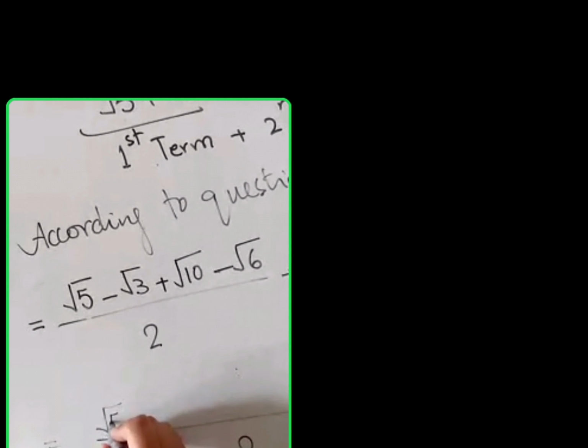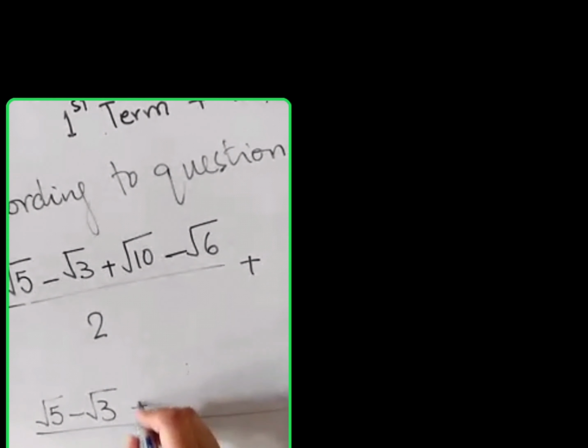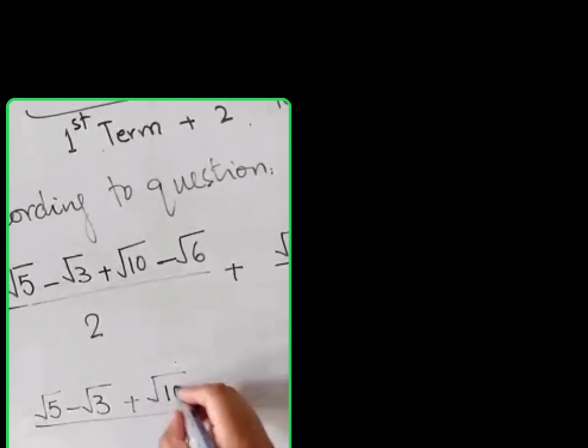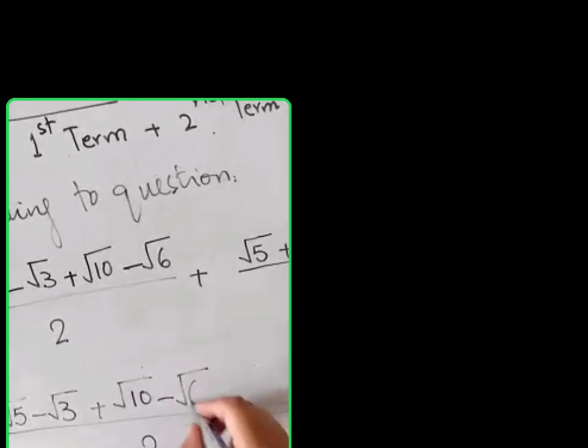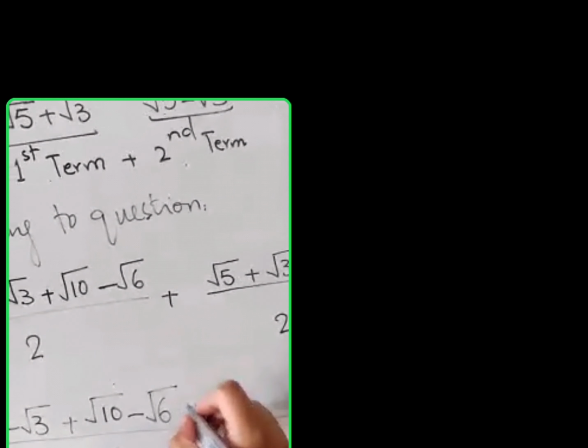Now both are like fractions. Like fractions means their denominators are same. If their denominators are same, so their numerators can be added directly. We will write down 2 directly in the denominator. Now this square root 5 minus square root 3, then this plus square root 10, then this minus square root 6, then it is the sign of plus.